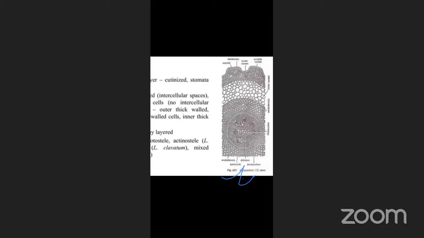When we take the transverse section of the stem, there are distinct regions, differentiated into three regions: epidermis, cortex, and stele.